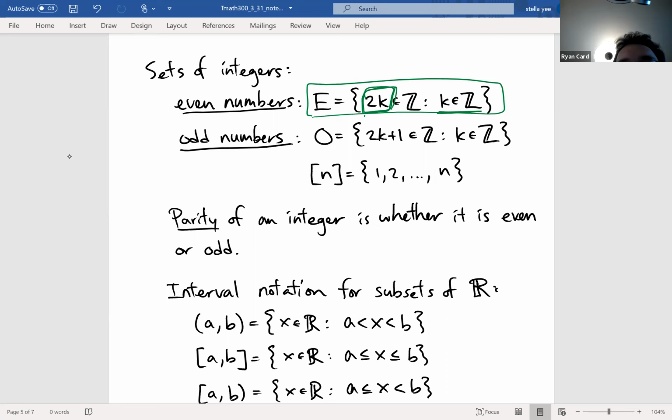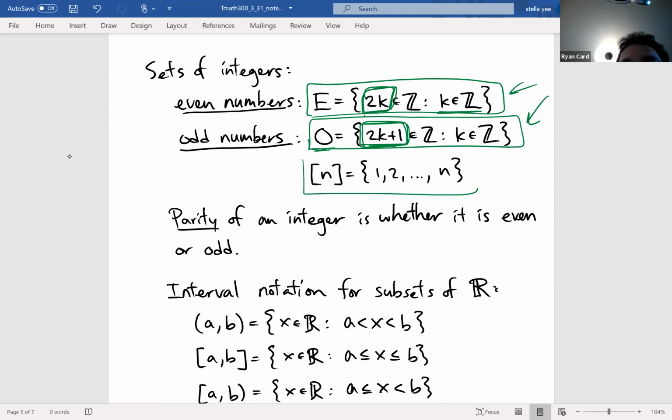The odd numbers are any number that could be written as 2k plus 1. So if you can write it in this form, then it belongs to the set of odd numbers. That's fairly common. I'm sure you've heard of even and odd numbers, but these are the precise definitions that we're going to use for this class.